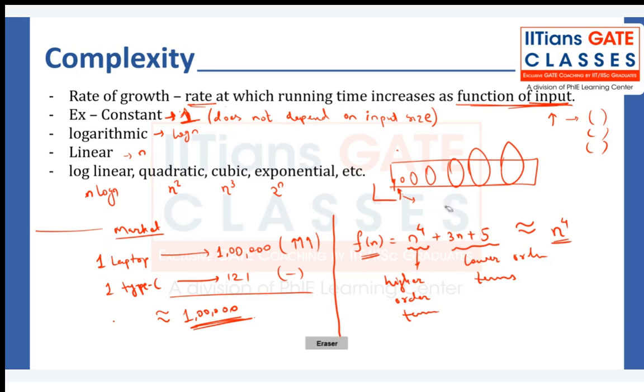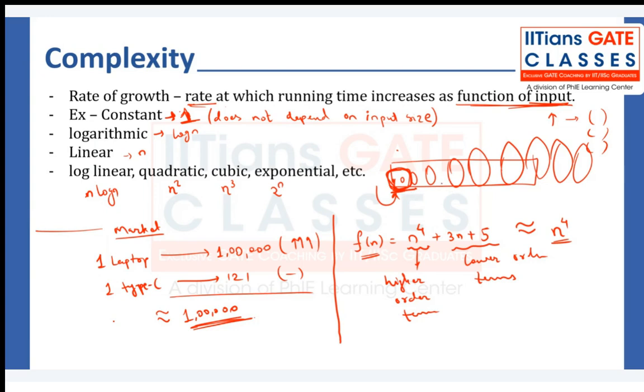Because I have already told you the input is arranged in an increasing manner. So even if I add thousands or lakhs or crores of more objects, you know that the smallest will always be at your first position. Hence, the number of operations you need is just a single operation, or a constant.